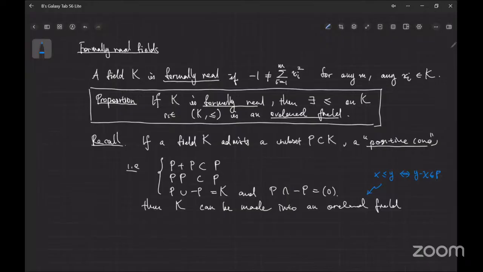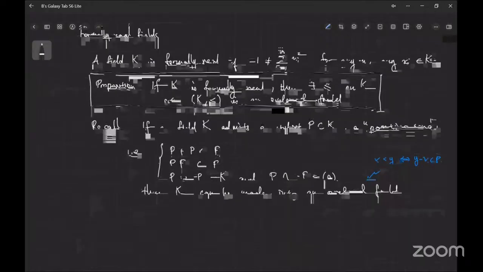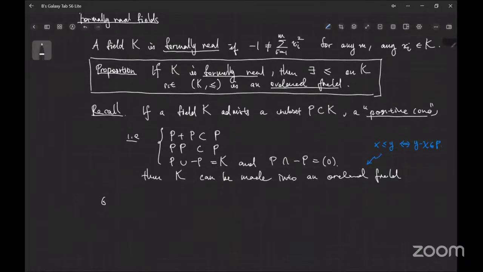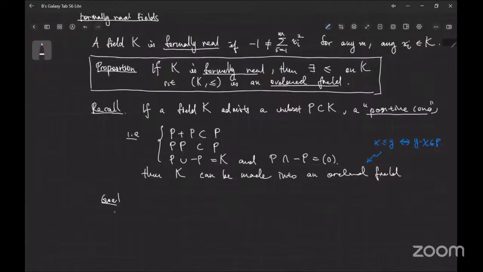So that's kind of nice. In other words, in order to show that a formally real field is an ordered field, we just need to exhibit this positive cone business. So our goal is to construct a positive cone.